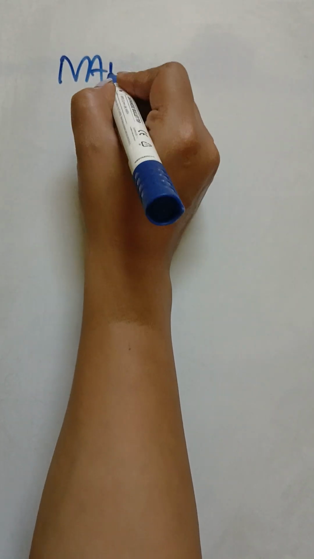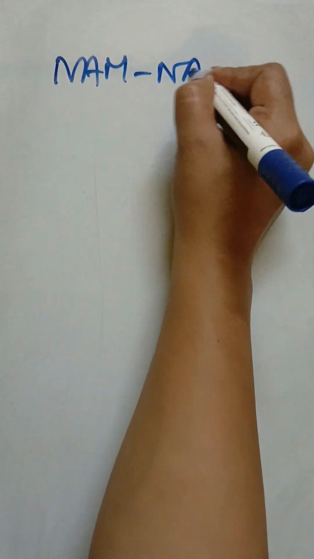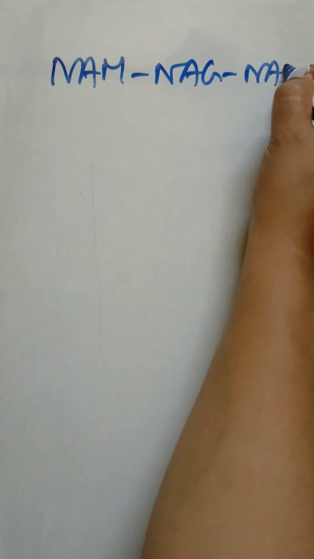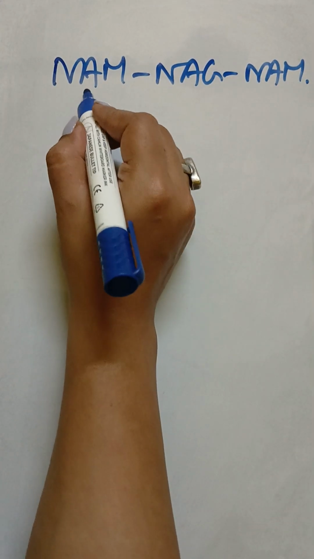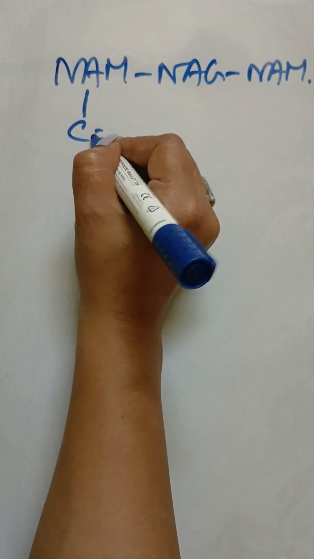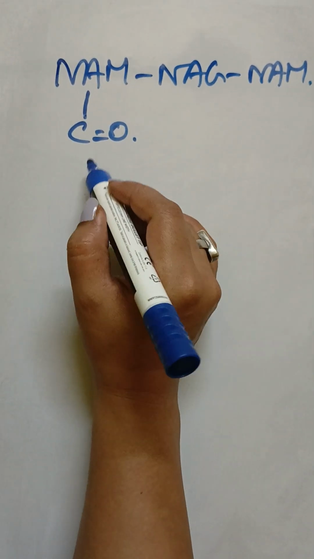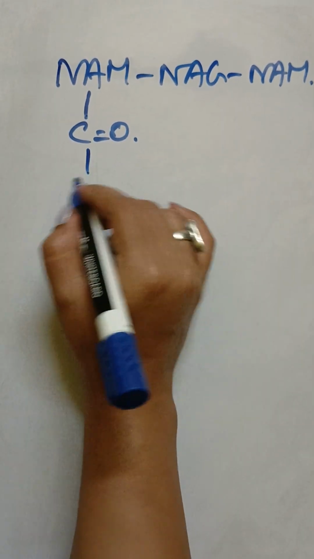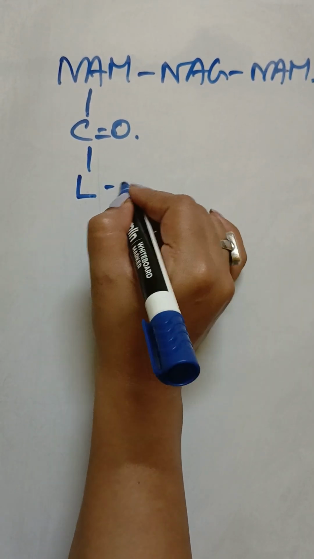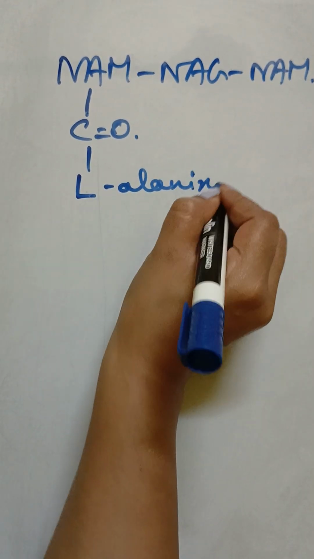Now, from the NAM, the carboxyl residue which is present in this sugar is linked with L-alanine amino acid.